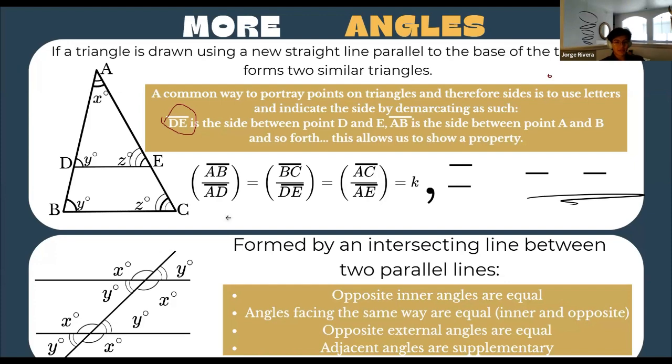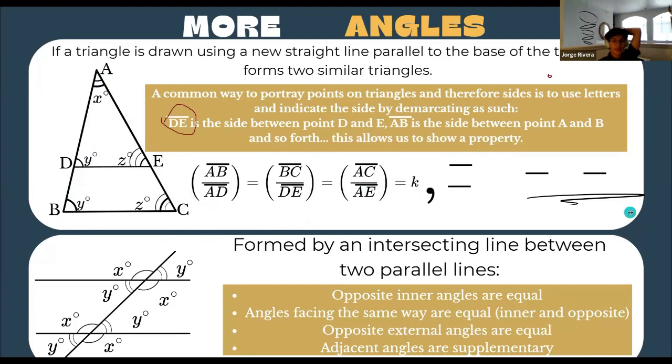So what I wanted to say here is that if we look at line AB and put it over AD, that's going to be the same thing as if we put line BC over DE, right? Each one of these has a corresponding angle and a corresponding side.